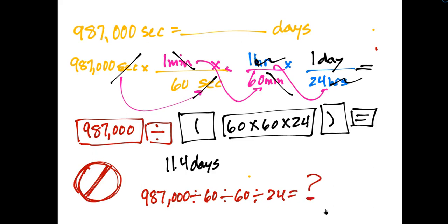And sometimes you get some really weird answers. The key to this problem is right here. Learn that this is a quantity. Your calculator wants to know, what do you want to divide 987,000 by? You say this whole thing. You could use this method, and I'll show you how to do that.